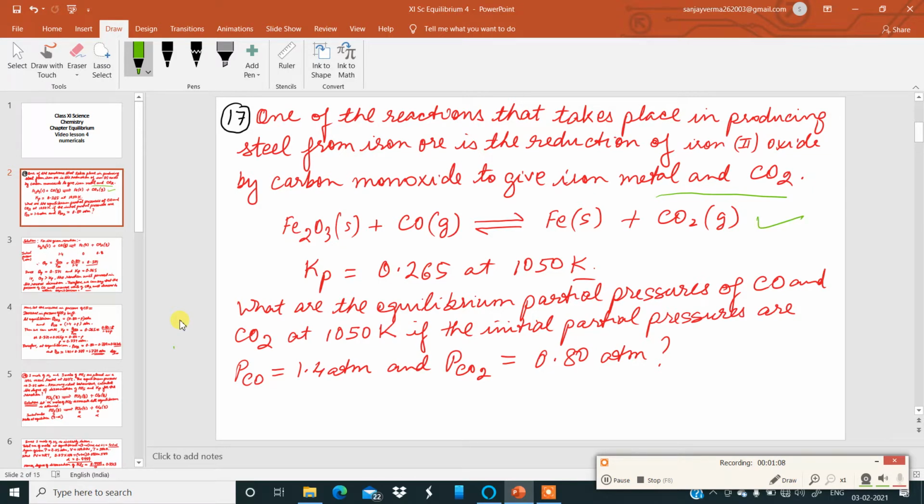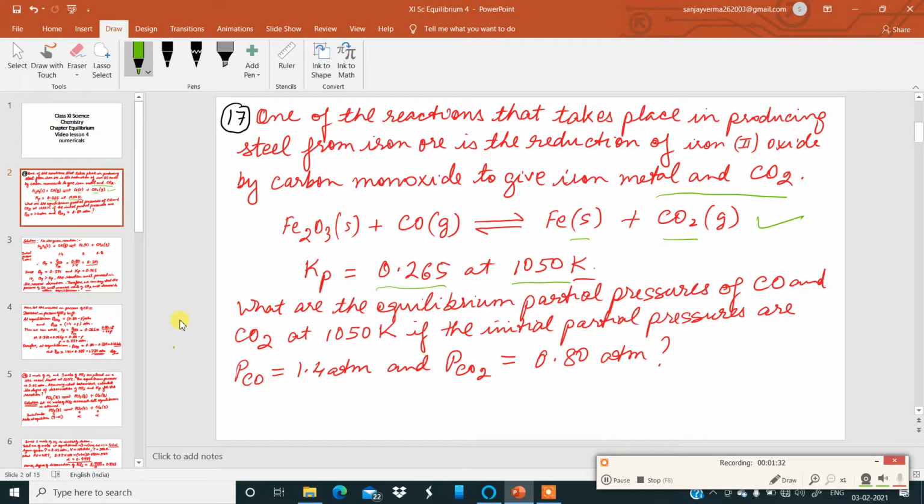Fe2O3 (solid) plus carbon monoxide gas, reversible sign, iron plus carbon dioxide gas. The Kp for this reaction, the equilibrium constant in terms of partial pressure, is given as 0.265 at 1050 Kelvin. Okay. Now, Kp is given.